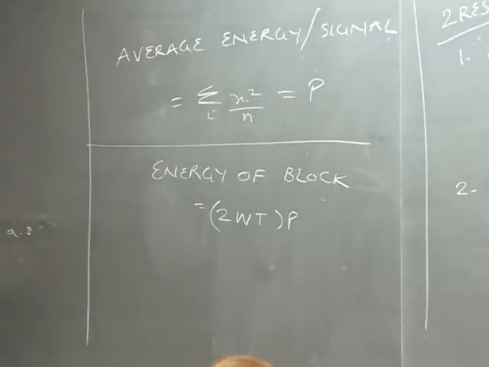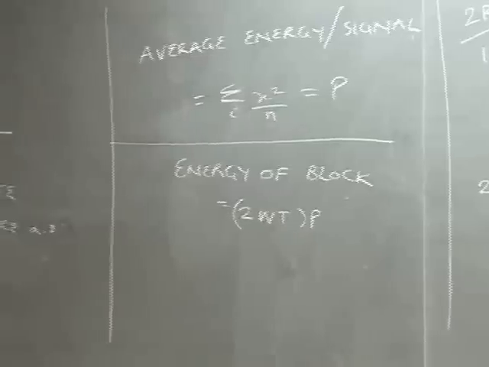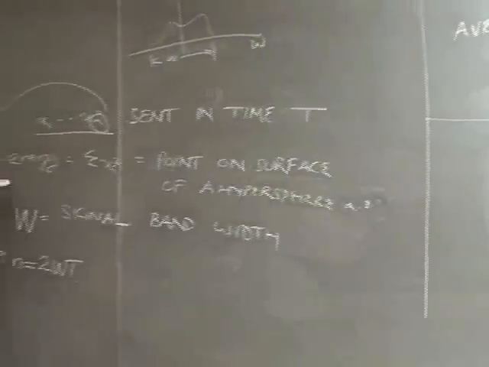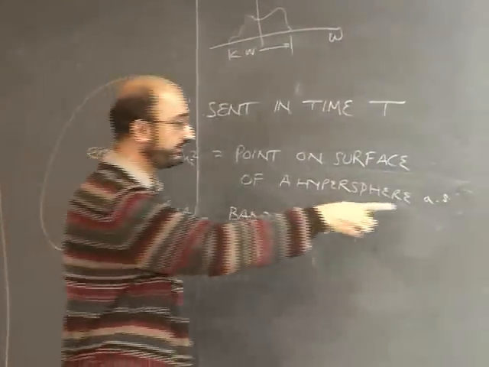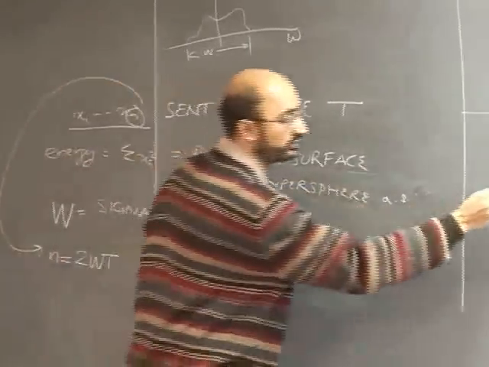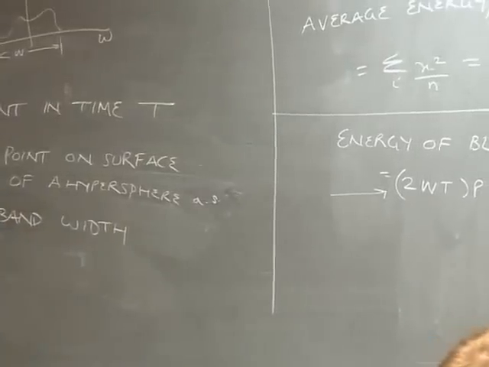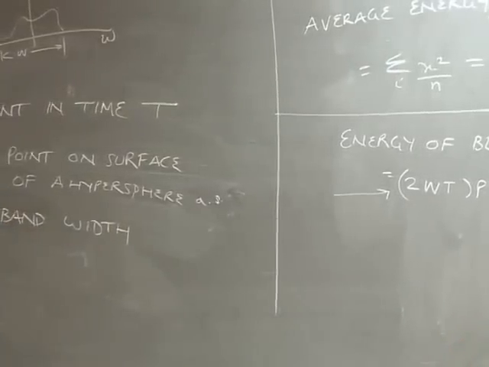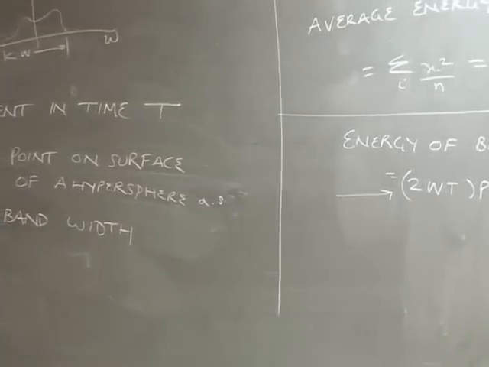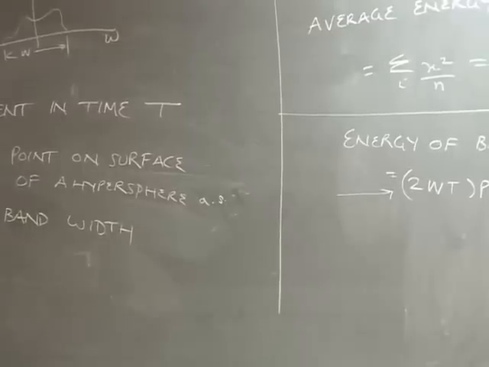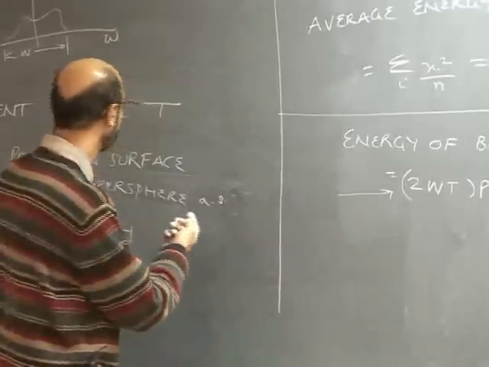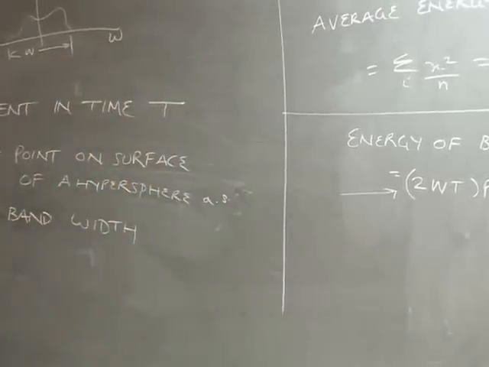All right. So this is a point on the surface of a hypersphere, right? And the energy is going to be 2WtP. Okay. So since it's on the surface of the hypersphere, we also need to know the distance of this point from the origin, right?